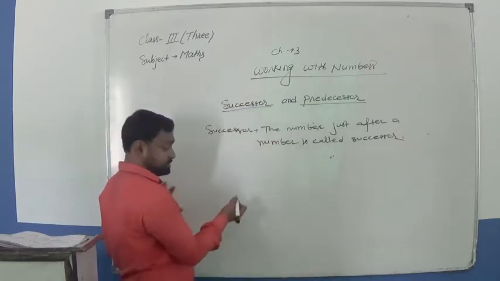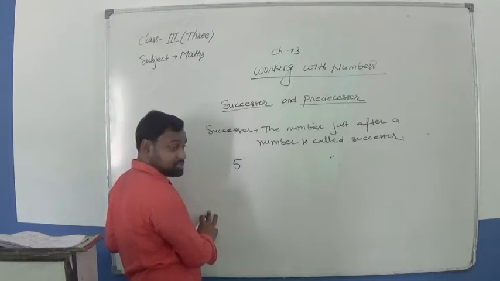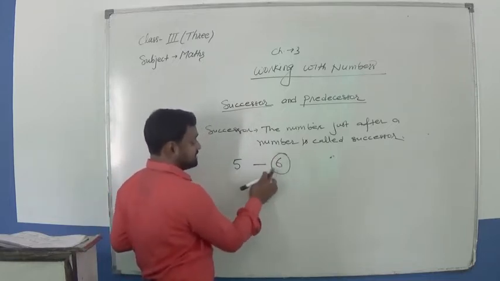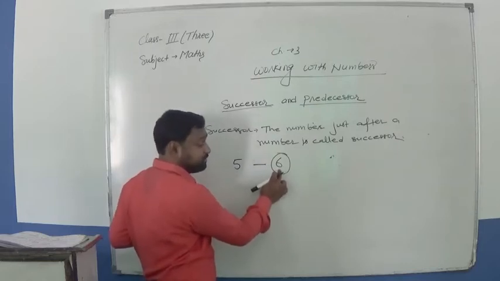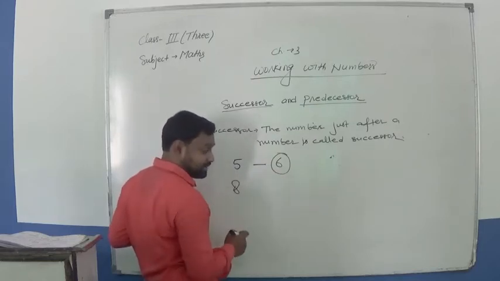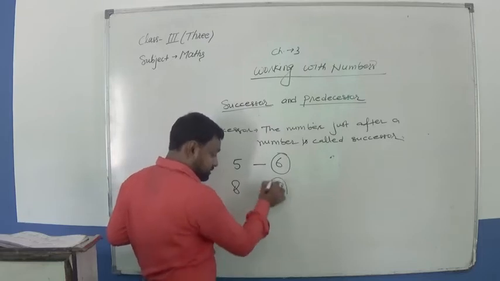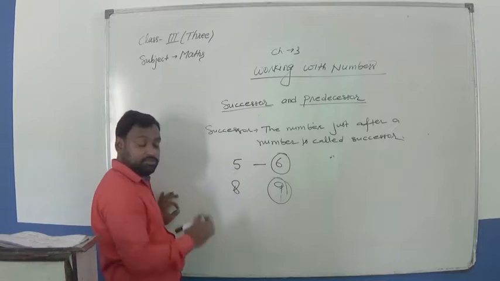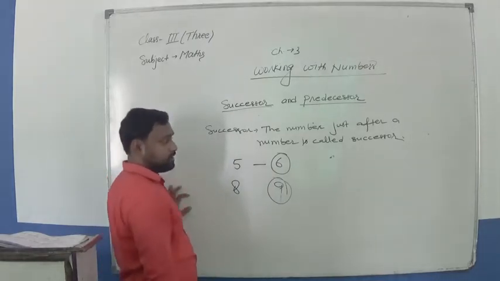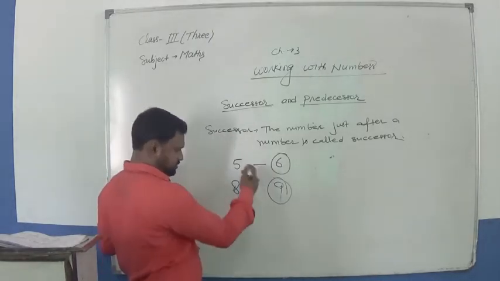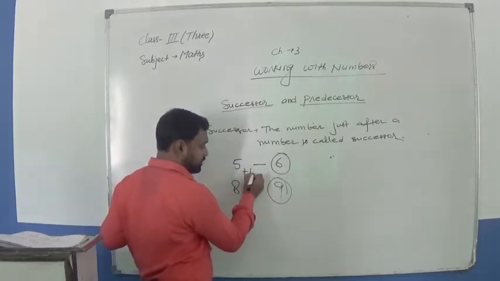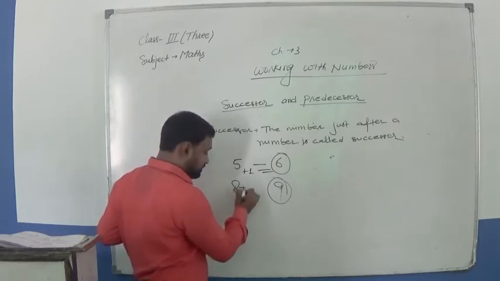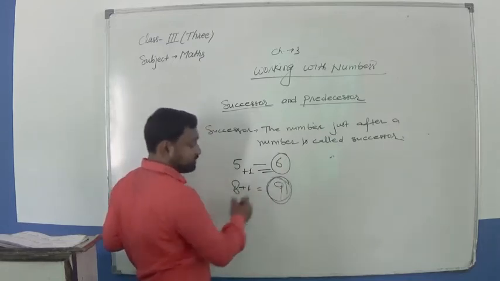Means 5. What comes just after 5? 6. That's why 6 is the successor of 5. 8. What comes after 8? 9. 9 is the successor of 8. And in simple terms, when we add 1, 5 plus 1, what does it become? 6. 8 plus 1 becomes 9.